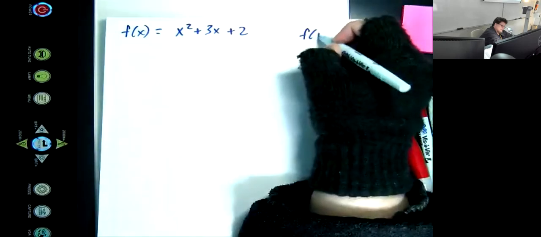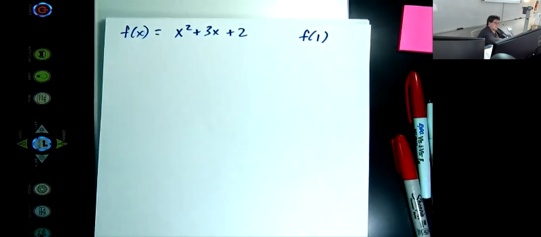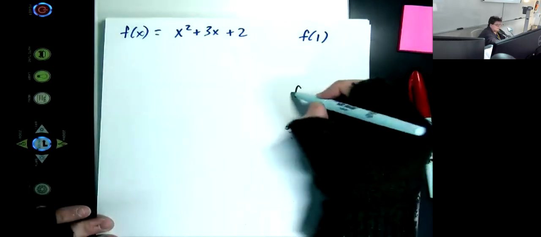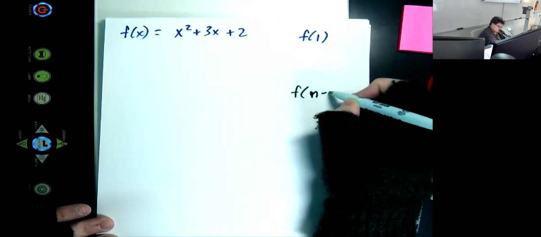And let's find out what f of 1 is. And then let's take a look at f of n minus 4.